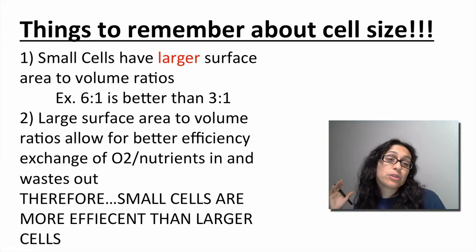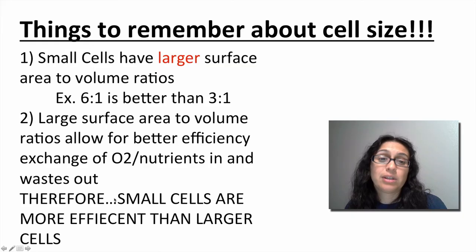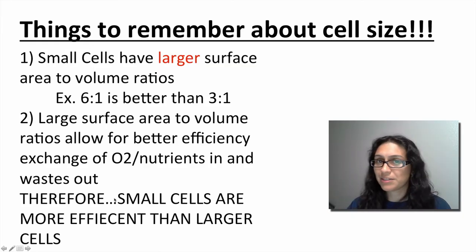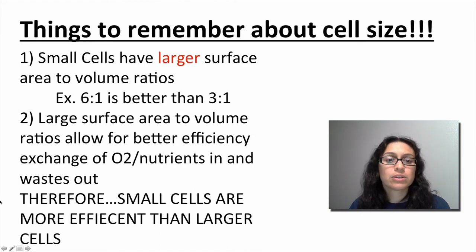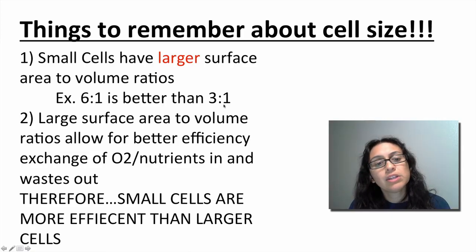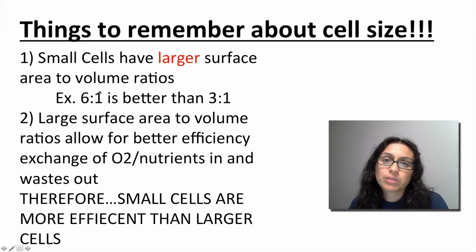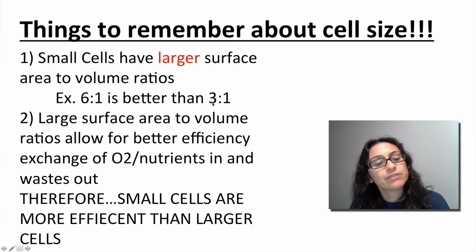All right, so two big ideas to remember. Small cells are the best. Okay, so small cells have larger surface area to volume ratios, which is a really good thing. So here we have a 6:1 ratio. That's a large surface area to volume ratio compared to a 3:1 ratio. So if these were two different cells, this one would be more efficient at exchanging materials, and this one would be less efficient.